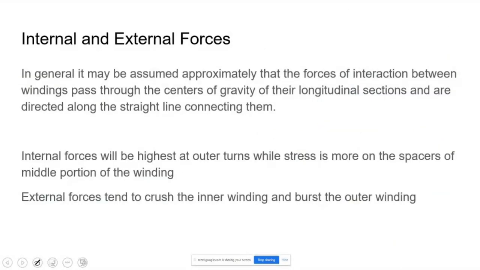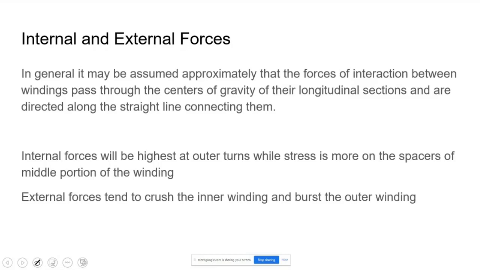Now more on this. In general, it may be assumed approximately that the forces of interaction between the windings pass through the centers of gravity of their longitudinal cross sections and are directed along the straight line connecting them. I will explain this in the next slide by drawing.